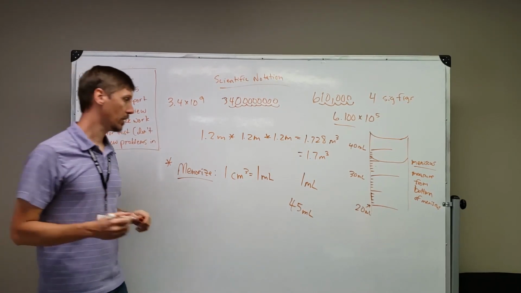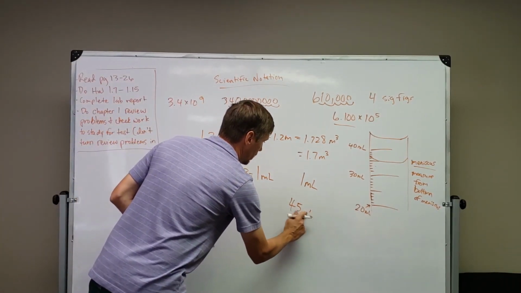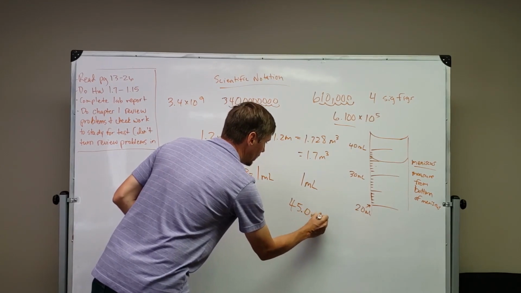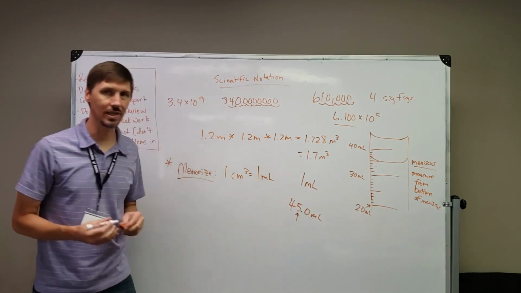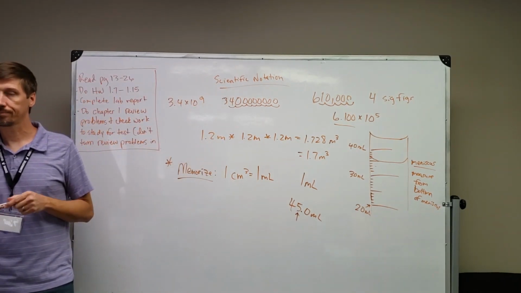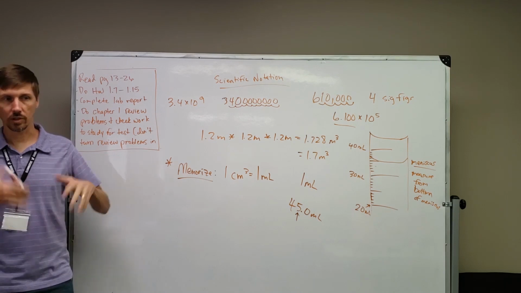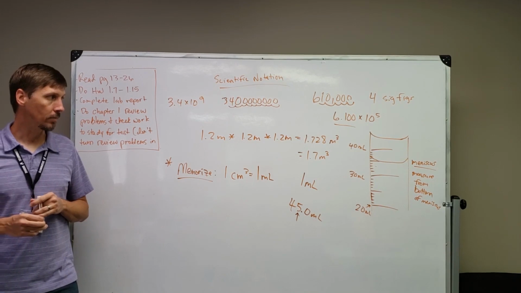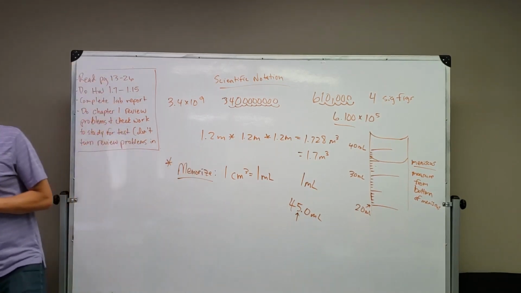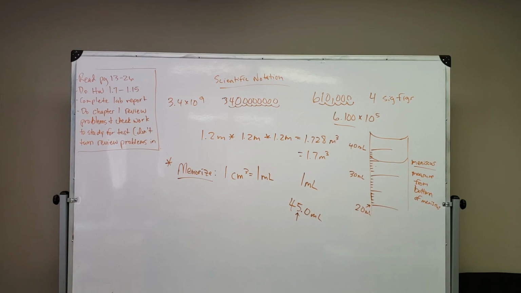I didn't. I need to write it down as 45.0 milliliters. That tells whoever's looking at my measurement that my instrument is precise to that place in the number. I'm just going to keep reinforcing these things until you get it down. So always use the bottom of the meniscus as your measuring point when you're measuring liquids like that. All right, let's do example 1.7 and 1.8, and we can do some practice converting between volume units.